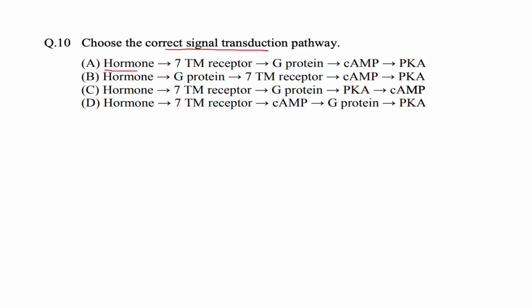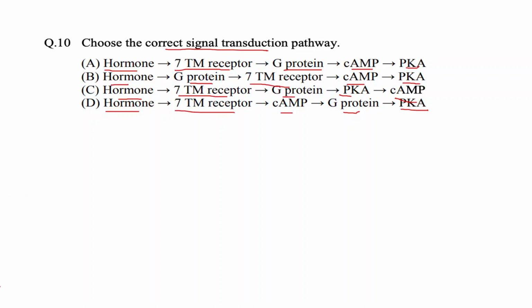Option A: hormone, 7 transmembrane receptor, G protein, cyclic AMP, then PKA, or protein kinase A. Option B: hormone, G protein, 7 transmembrane receptor, cyclic AMP, protein kinase A. Option C: hormone, 7 transmembrane receptor, G protein, protein kinase A, cyclic AMP. Option D: hormone, 7 transmembrane receptor, cyclic AMP, G protein, PKA. So what is the correct sequence?